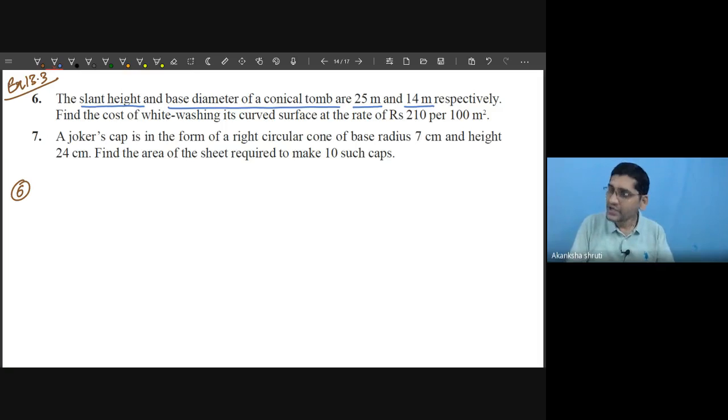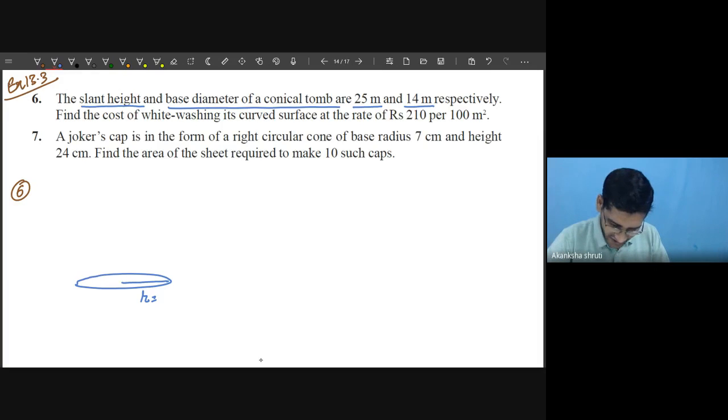So a tomb is there which has a circular base, and it is in the shape of a cone, with the top one in this shape, like the birthday cap you people use.